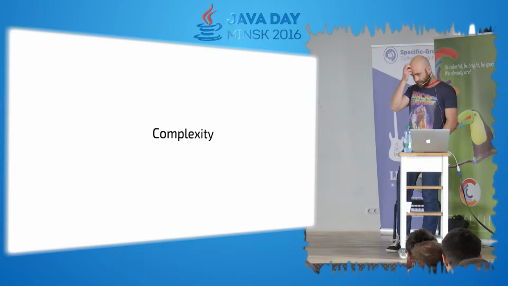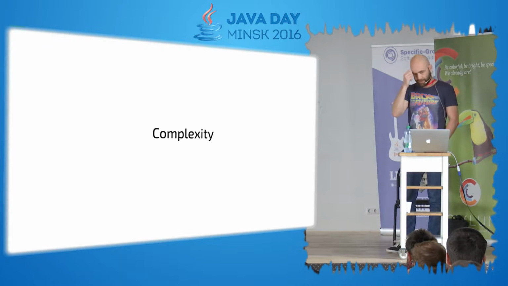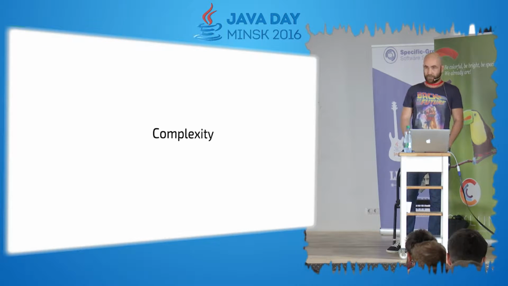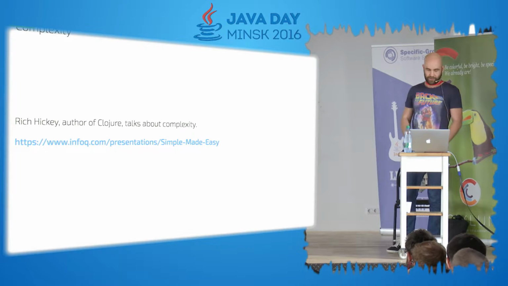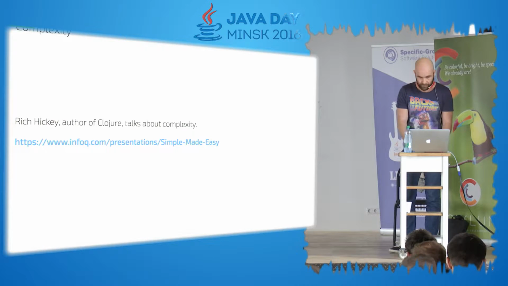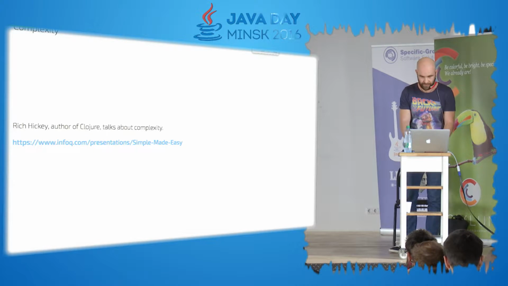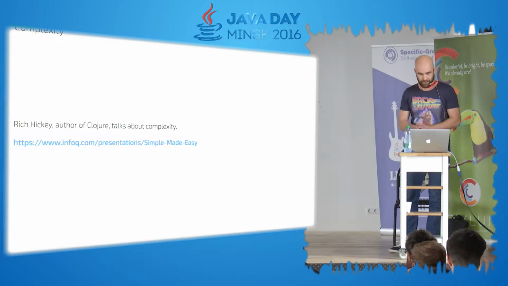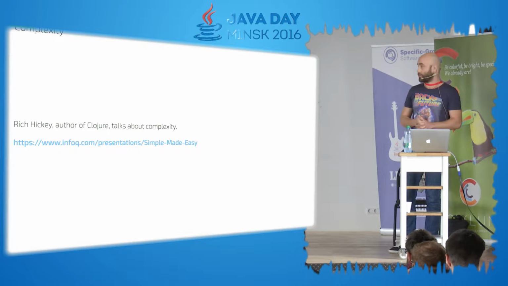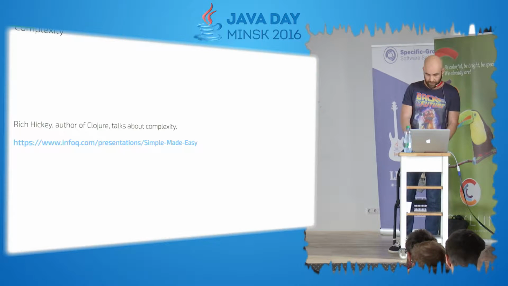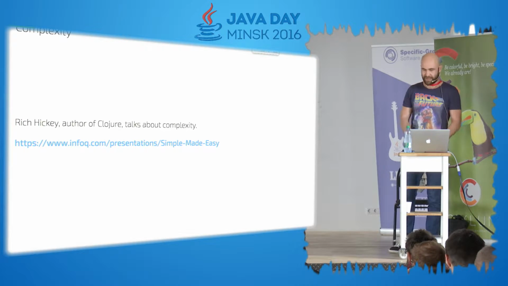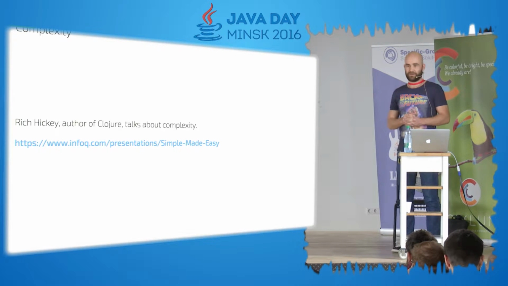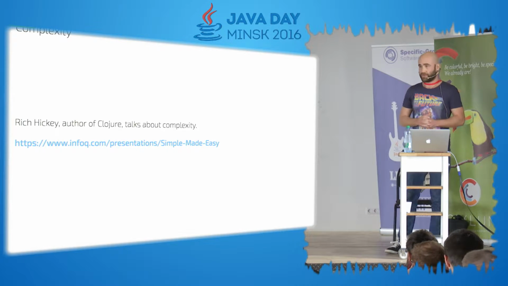The first thing I want to cover is the subject of complexity. I'm pretty sure that many of you know this guy, Rich Hickey, who is the author of the language Clojure. And this guy, I absolutely adore him. I recommend you all to watch his presentations because each one of them is absolutely marvelous.